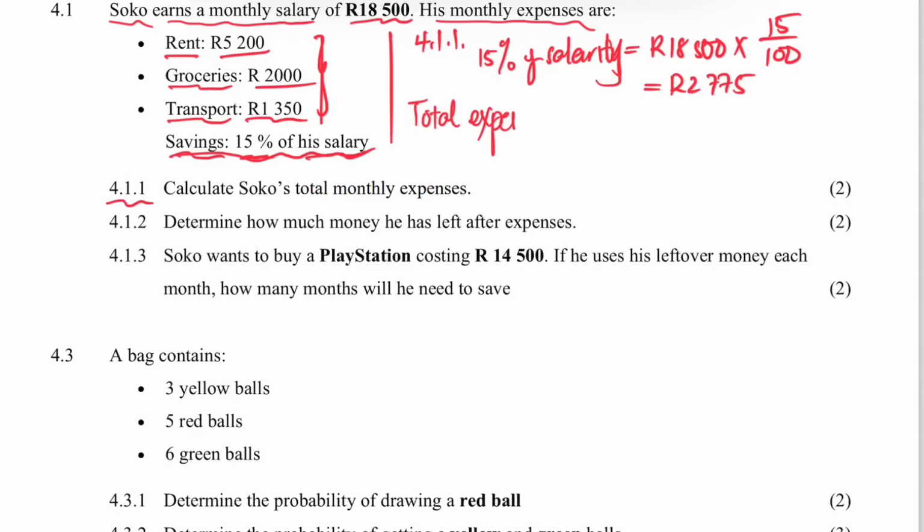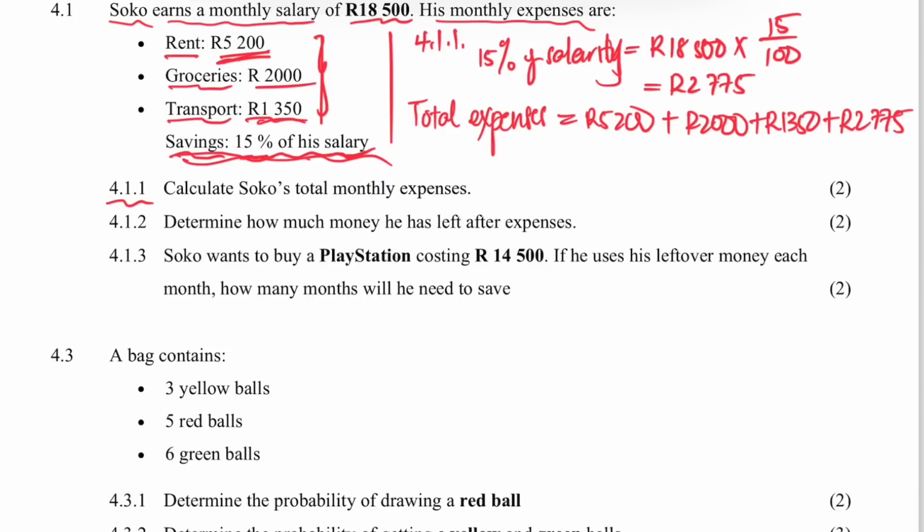Now the total expenses is equal to all the money: the 5,200 for the rent, and the 2,000 for the groceries, and the 1,350 for the transport, plus the 15% savings. It's part of his expenses, so it's going to be 2,775.